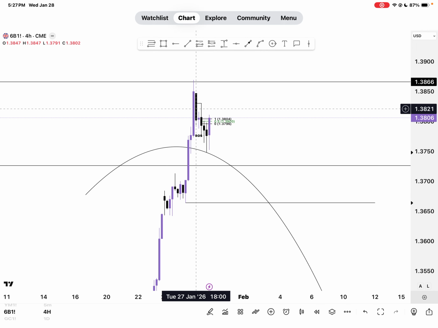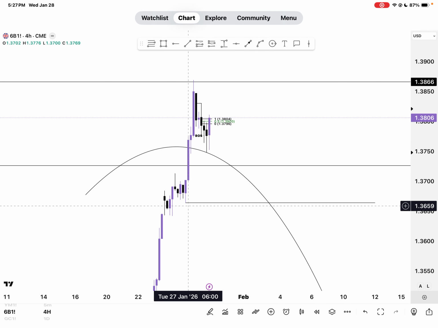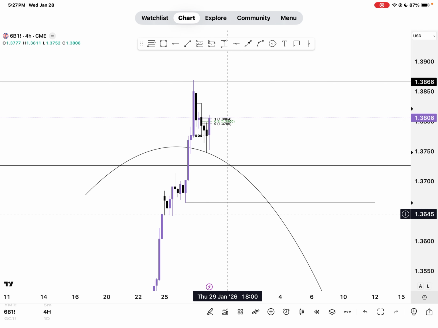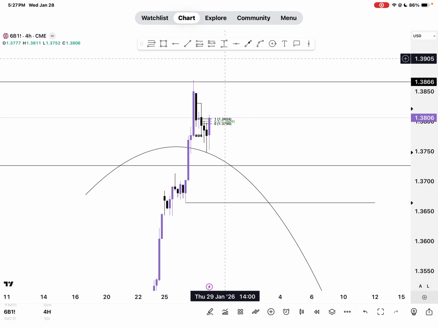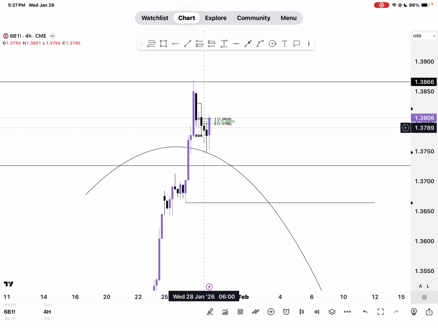And so if that is to occur, I need to see price take out this liquidity point in the form of a break of structure, or price is going to forego that and continue higher. That's the immediate analysis. I don't want to extrapolate too far. I'm going to wait and see what price action does.